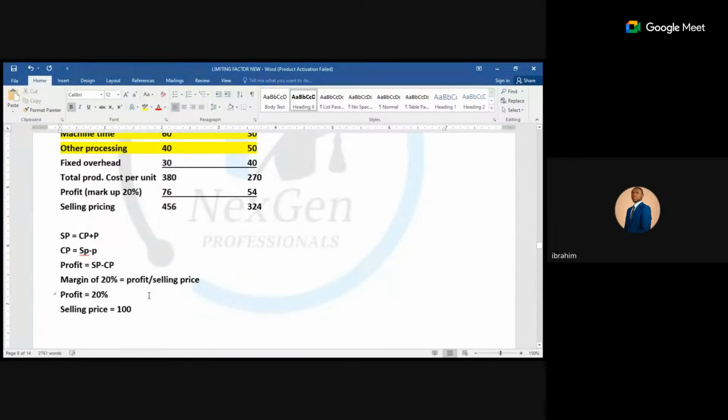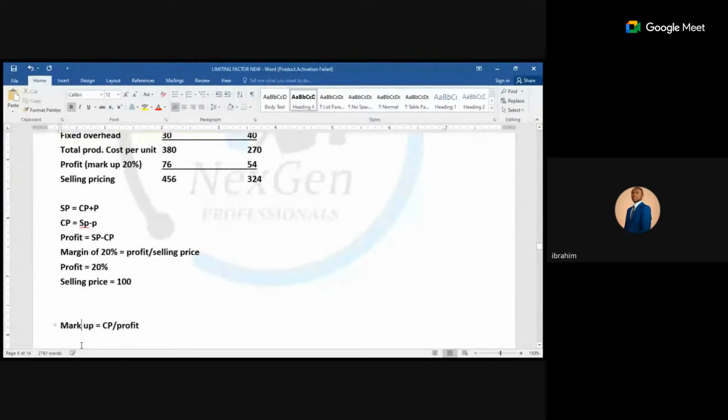Because you cannot use it directly, you need to convert it to markup, which is on cost directly. Don't forget my equation here, and don't forget this cost price. The cost price will be equal to selling price minus profits.